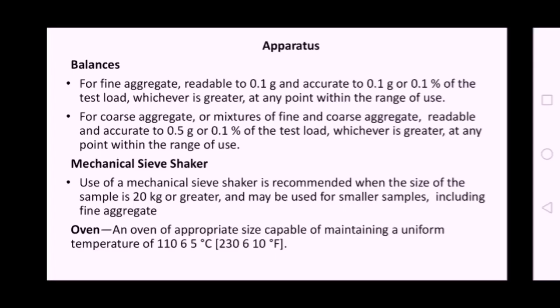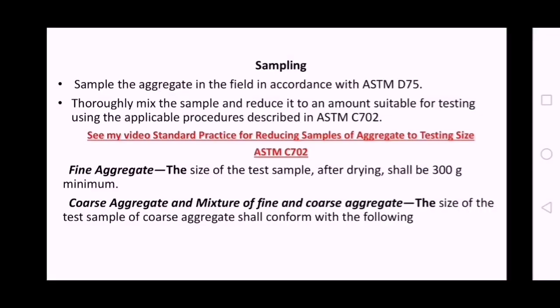We need a mechanical shaker as well, if possible. Mechanical shaker is recommended when the size of the sample is 20 kg or greater. We need an oven that maintains a uniform temperature of 110 plus or minus 5 degrees. We also need a set of sieves.